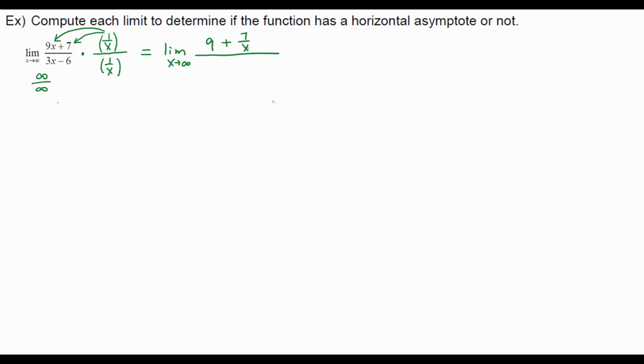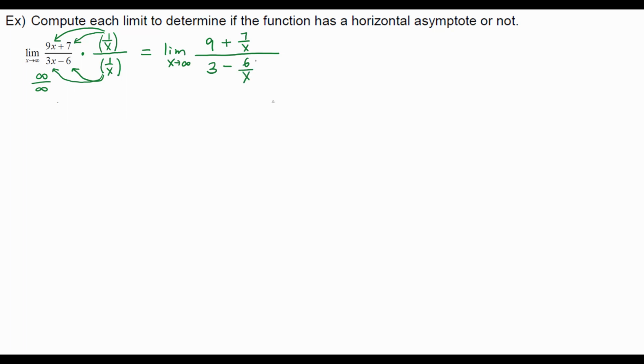And you know the limit as x approaches infinity of 7 over x, as we learned today, is 0. And when you distribute 1 over x times 3x, x cancels and you're going to get 3. And when you distribute 1 over x with negative 6, you're going to get negative 6 over x.